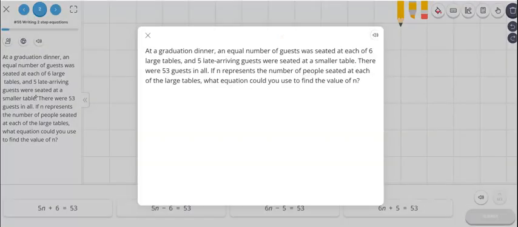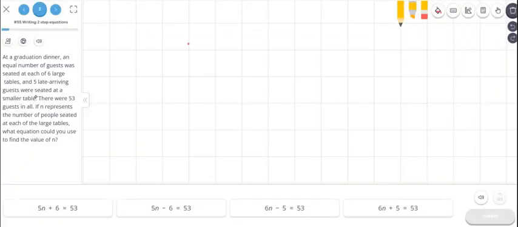Okay. At a graduation dinner, an equal number of guests was seated at each of the 6 large tables. So equal number of guests at the 6 large tables. Well, I guess they use the letter N. And 5 late arriving guests were seated at the smaller table.